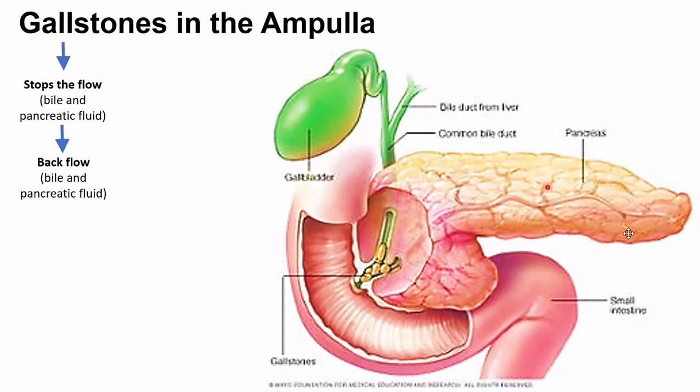So mag-accumulate yung fluid dito. Ganon din sa bile doon, papunta sa liver, mag-accumulate. And since we're specific to pancreas, there is increased ductal pressure dito. And the ductal pressure can injure the very sensitive acinar cells ng pancreas, the ones that produce the proenzymes.